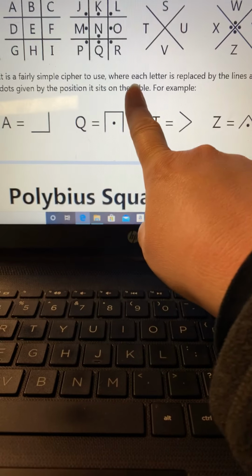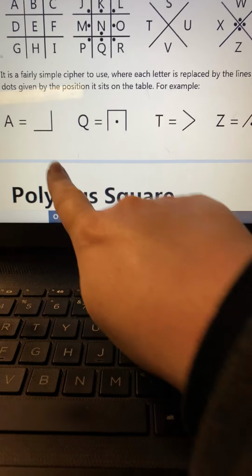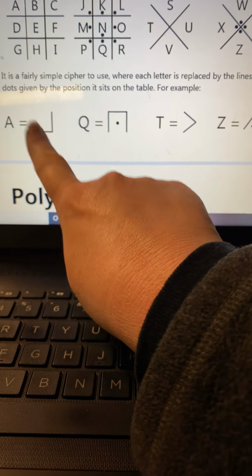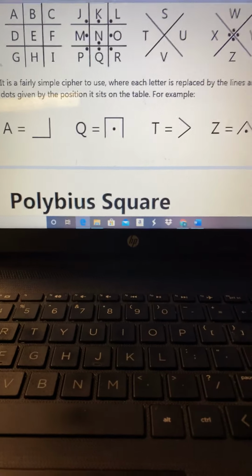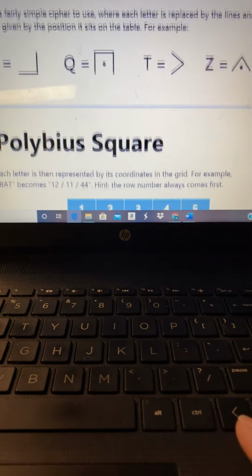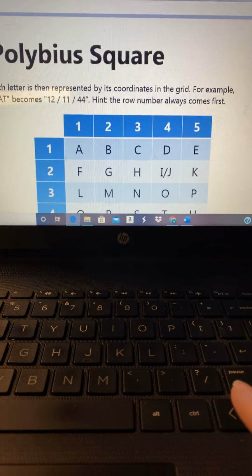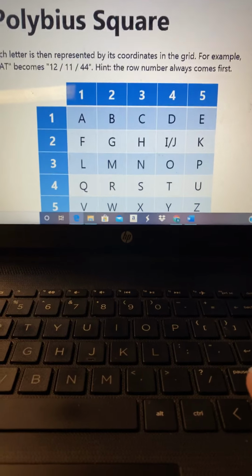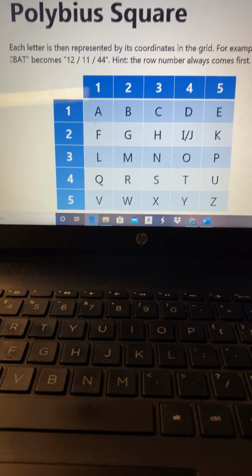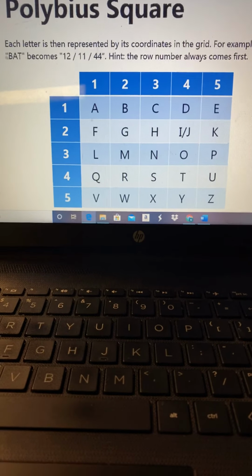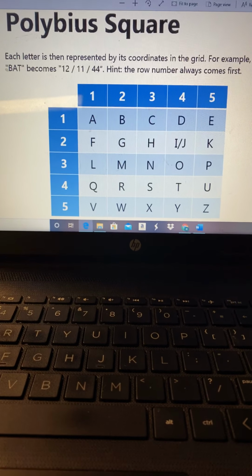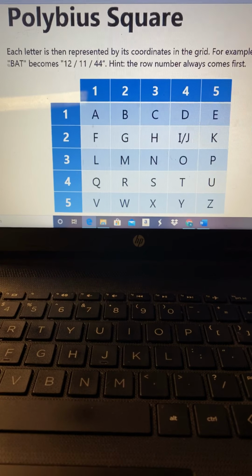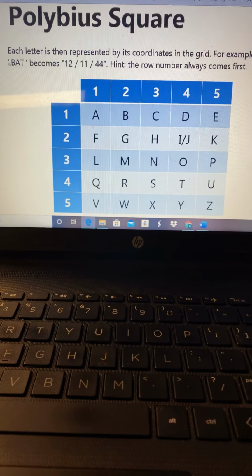Oh, there, it gives you some. It's a fairly simple cipher where each letter is replaced by the lines and dots in the given position. A, Q, T, Z. Those are just some examples. Okay? The next one is the Polybius square. In the Polybius square, each letter is represented by its coordinates in the grid. For example, bat becomes 12, 11, 44.